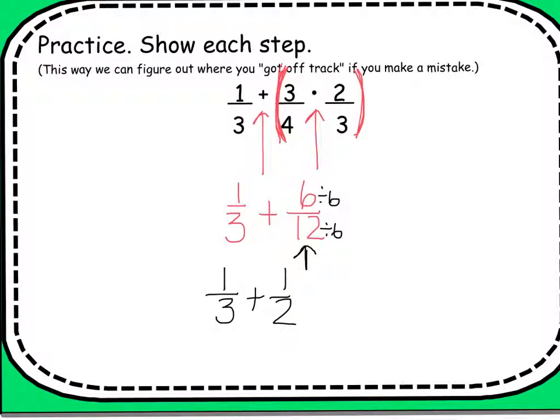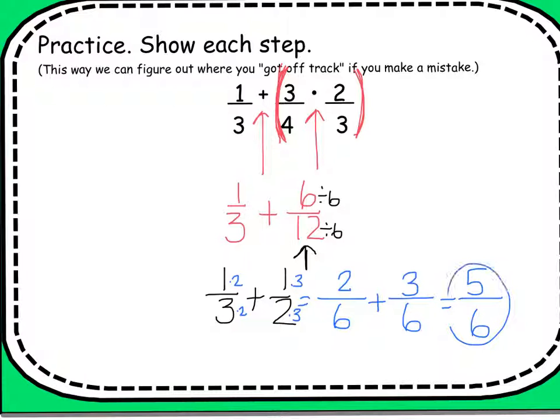So my common denominator between 3 and 2 is 6. So I'm going to write this as something over 6 plus something over 6 equals something over 6. To get from 3 to 6, I multiply both the top and the bottom by 2. To get from 2 to 6, I multiply the top and the bottom by 3. And I end up getting 5/6 for my final answer.